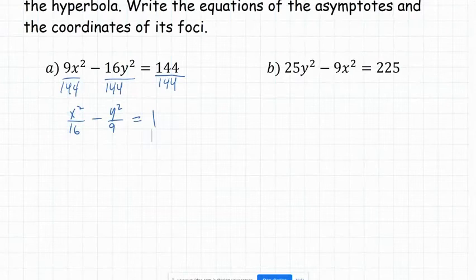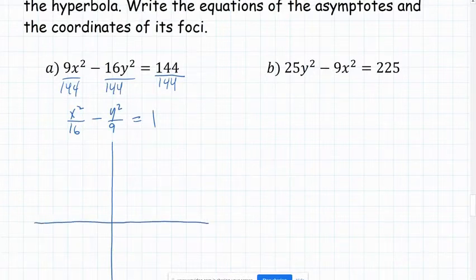Okay, and the way that we graph a hyperbola is it starts off very similar to graphing an ellipse. So if this was an ellipse, we would have the origin here. We would go 4 in the x direction, and we would go 3 in the y direction because it's 3 squared underneath y. So that part is just like for an ellipse.